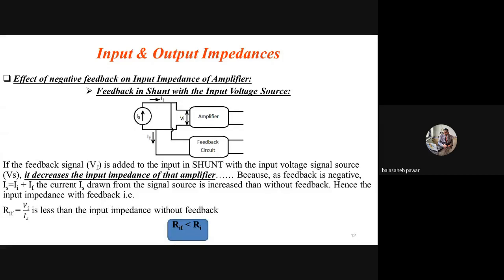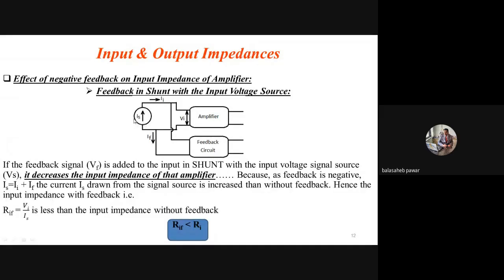And that's why the shown source signal, it is Is, current source. Last time already I highlighted this If, its direction, it is opposite to that of Is. It indicates what? There is a negative type of feedback. That means these two signals are out of phase from each other.